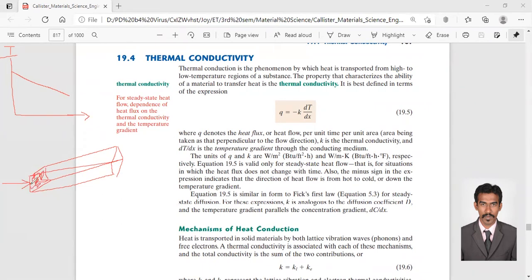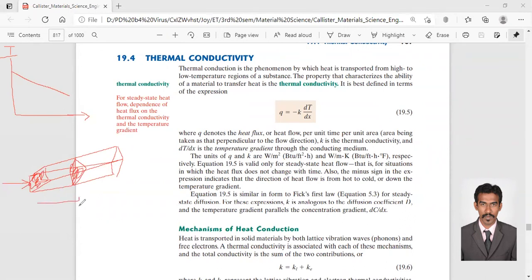So when you cut, again you need to take that particular area. We need to calculate only on this. That's why it's mentioned heat flow per unit time per unit area, right?